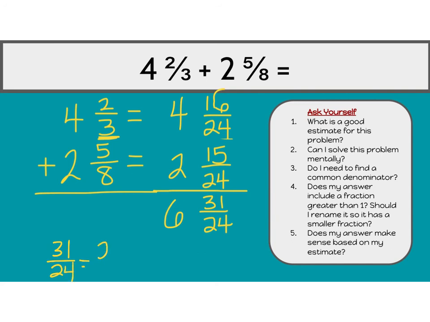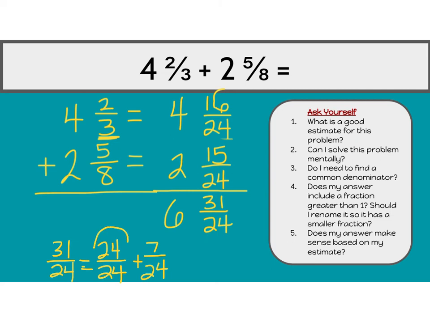Is equal to 24/24, which is one whole, right? And what do we have left after we subtract 24 from 31? Well, 24 plus 6 is 30, so we have 7 left. So what we're going to do is make a trade.